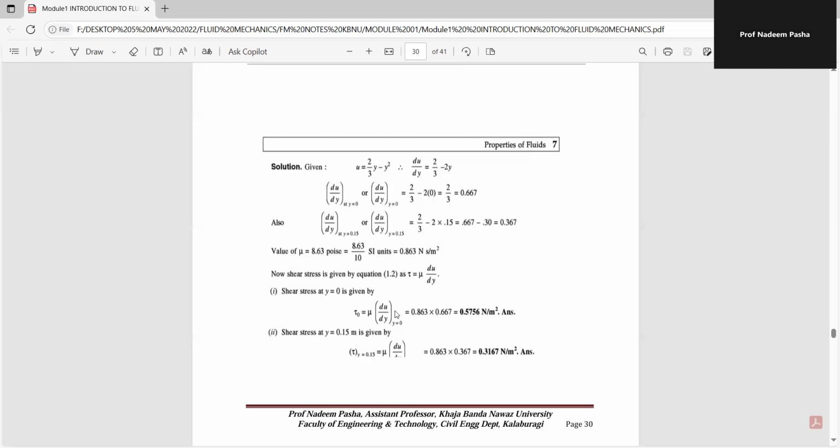In the second case, shear stress at y equal to 0.15 meter is given by tau at 0.15 is mu into du/dy at y equal to 0.15. Mu is 0.863, and du/dy at y equal to 0.15 we calculated as 0.367. So it comes out to be 0.3167 Newton per meter square.